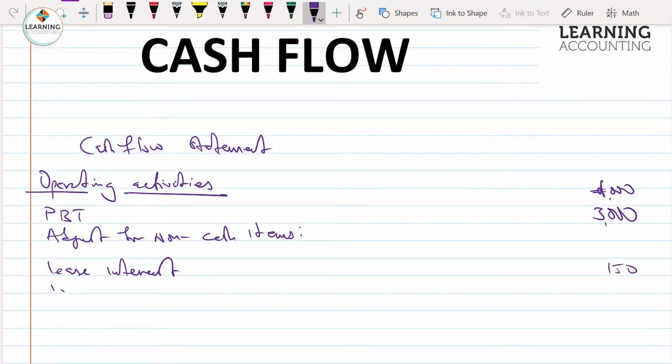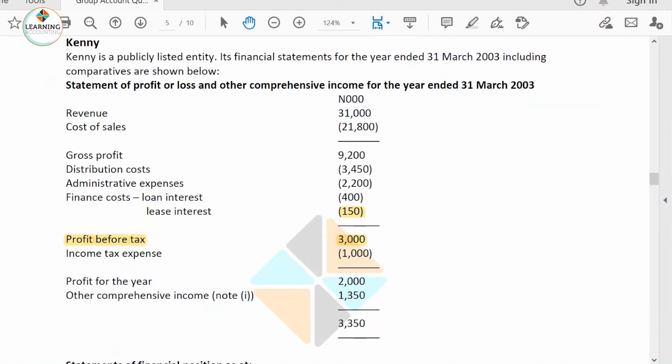And we have loan interest, which is 400. We are also adding back. Now we will always assume that admin expenses and distribution costs have actually been paid for, except otherwise indicated in the additional information or the financial position. So we can leave that information.